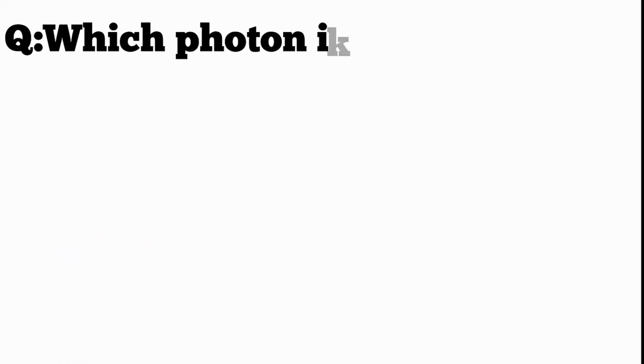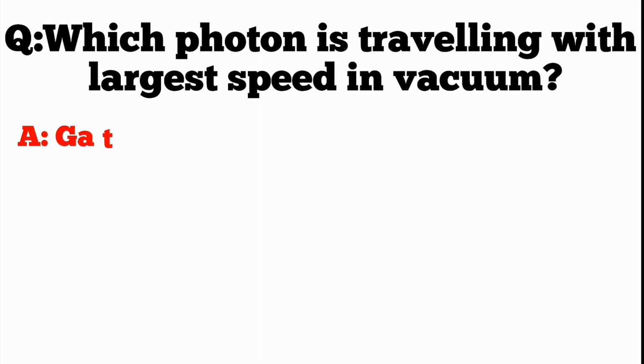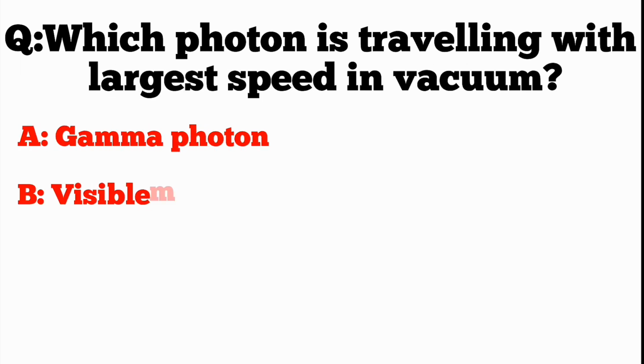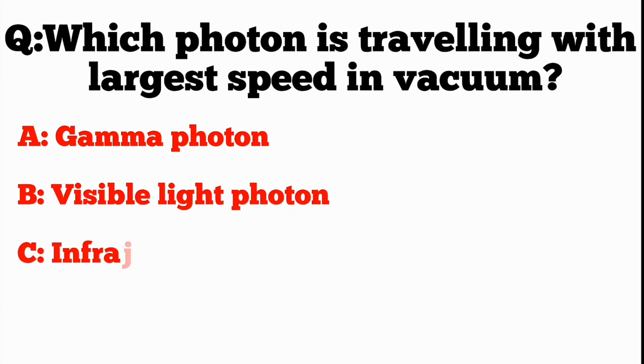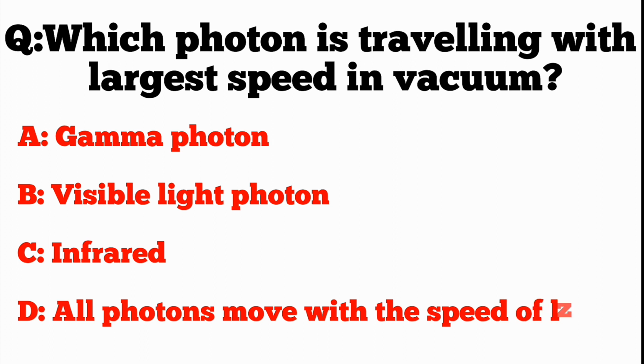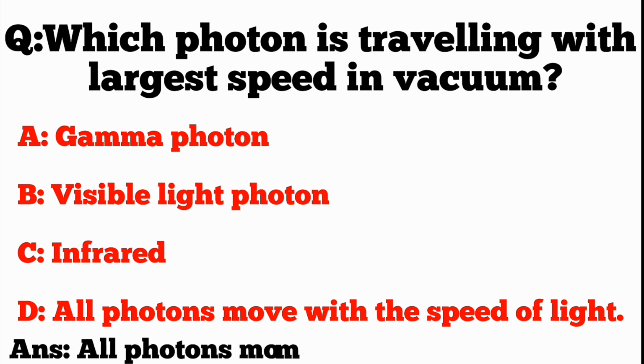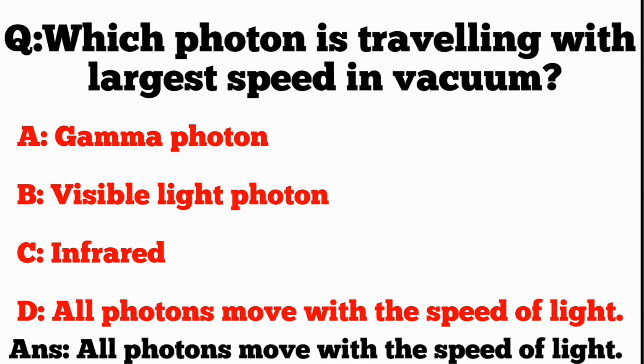Q. Which photon is traveling with largest speed in vacuum? A. Gamma photon, B. Visible light photon, C. Infrared, D. All photons move with the speed of light. Answer: All photons move with the speed of light.